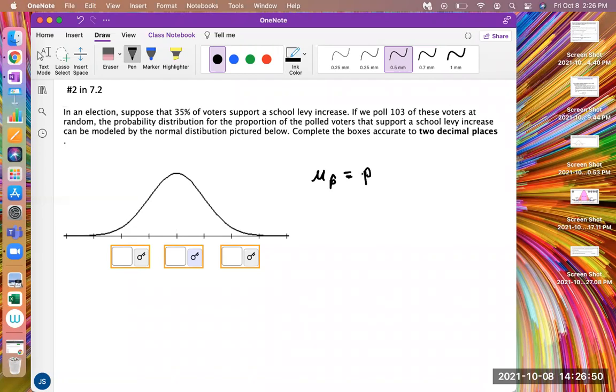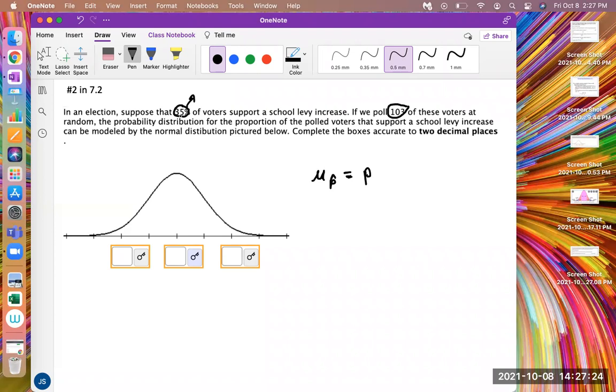This is kind of an obvious fact, but here's your population proportion. 35% of voters are for the school levy. That's our population proportion. And if we did lots and lots of samples of size 103, most of those samples are going to come back with 35% of them being for the school levy, because 35% of the entire population is for the school levy.